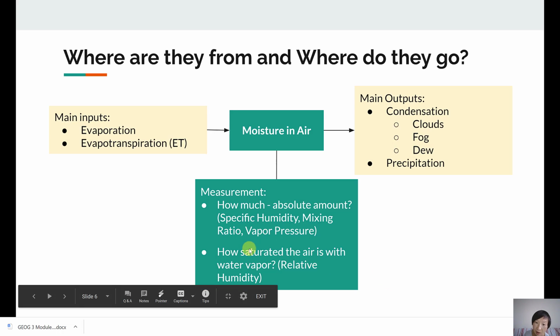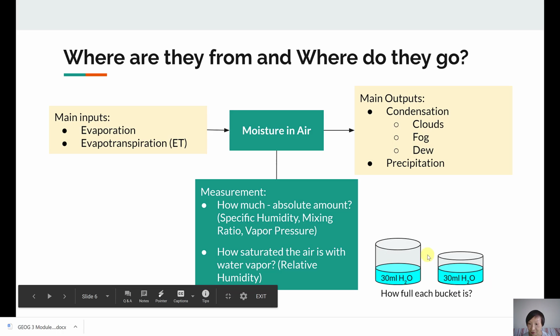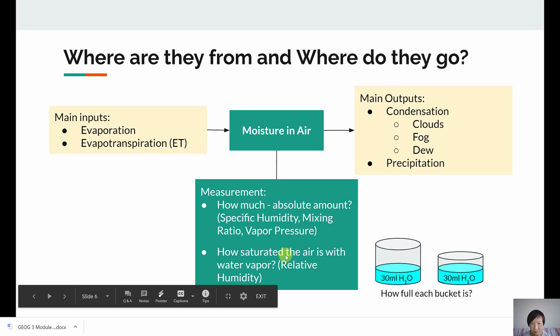So here, every day you learn from the Weather Channel the relative humidity, right? Actually, relative humidity doesn't measure how much, it measures how saturated, how full the air is with water vapor. So let me give you this illustration to explain the difference between those two.